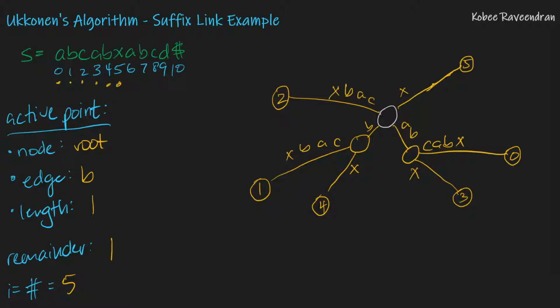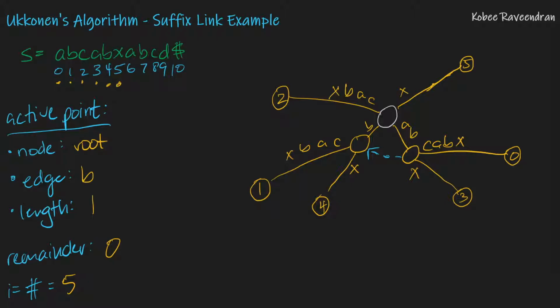So I'll do that in a new color. Like this. There's a suffix link between those two. So you'll see how this is useful later on in this example. And since we did add that BX suffix, we can go ahead and decrement our remainder back down to 0.